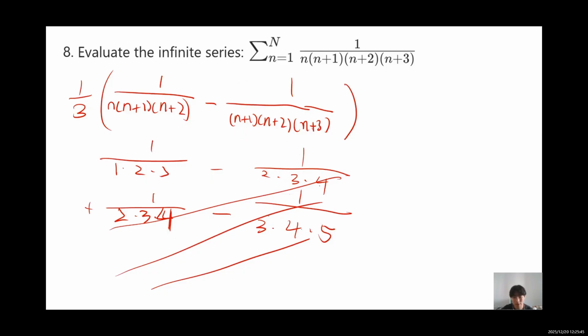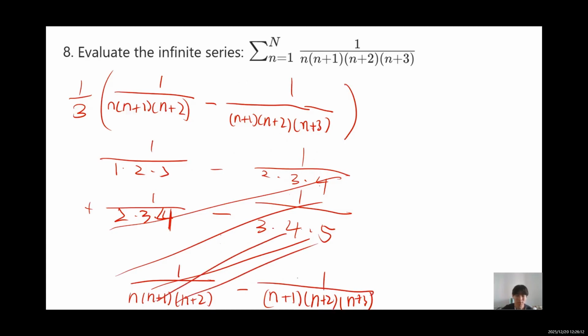The last term is n plus 1, n plus 2, minus n plus 1, n plus 2, n plus 3. This one cancels.